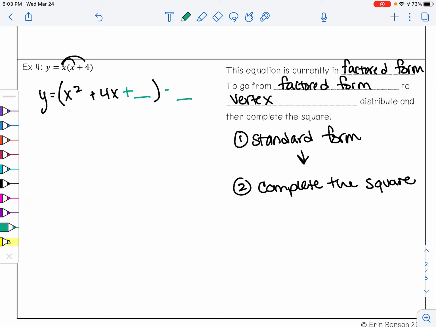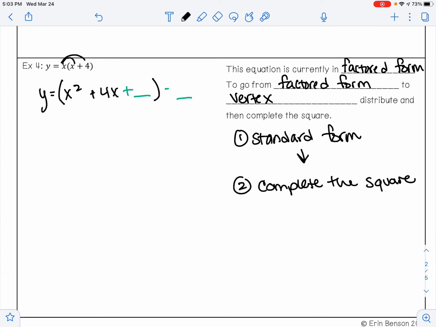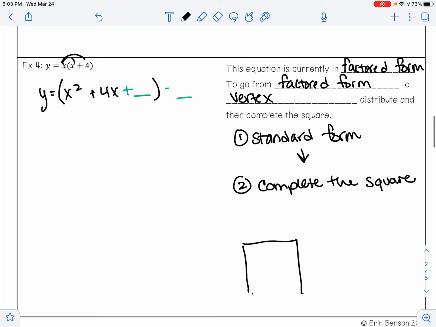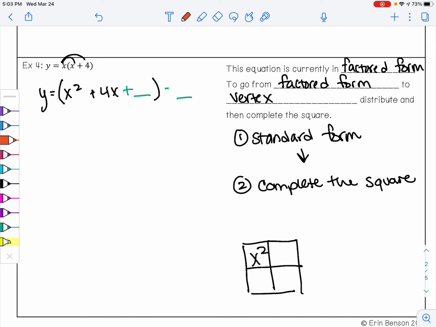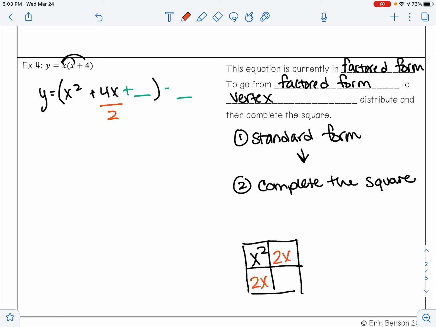Now I'm ready for the process of completing the square. Here's my square. First term goes in the first box. I'm going to divide my middle term by 2. That way I make a square and not a rectangle. 4x divided by 2 is 2x.